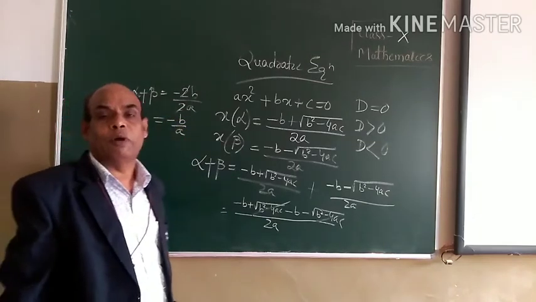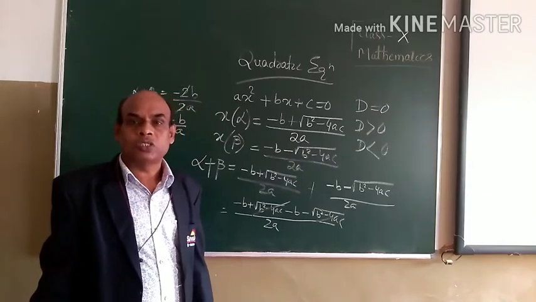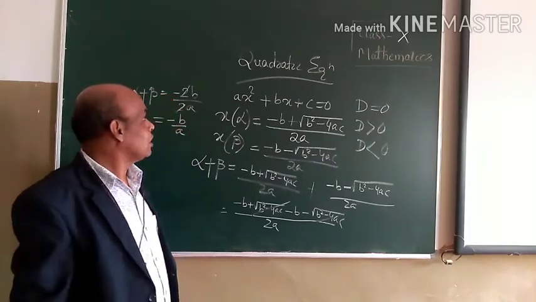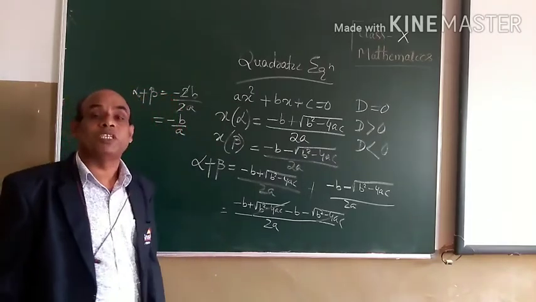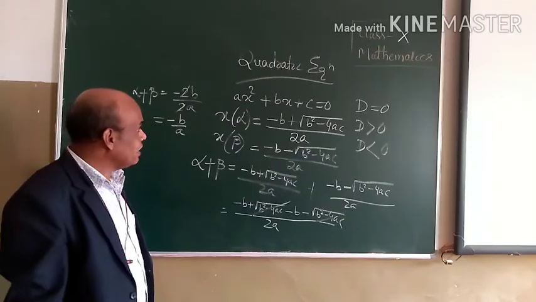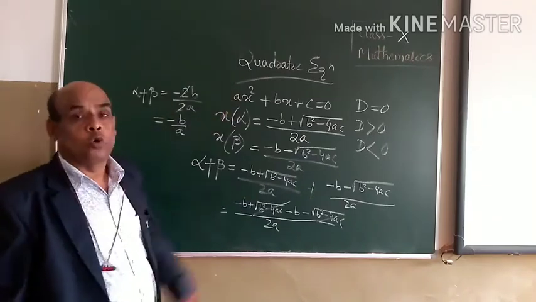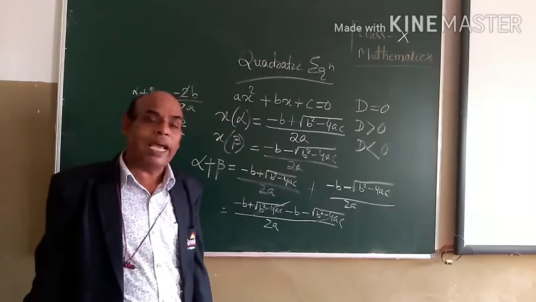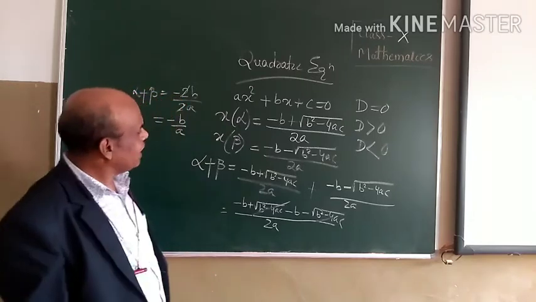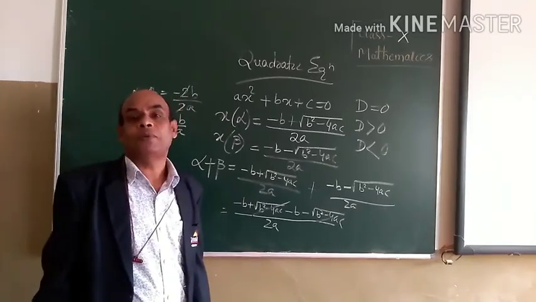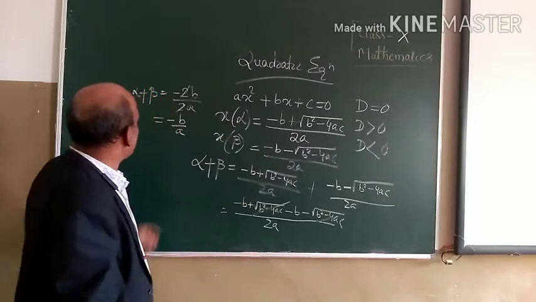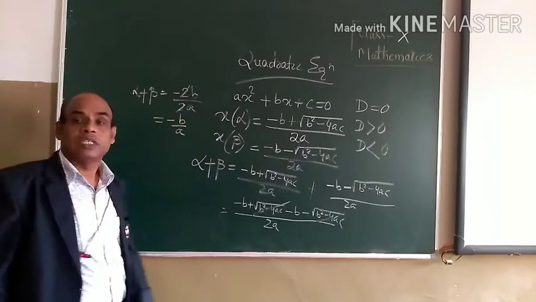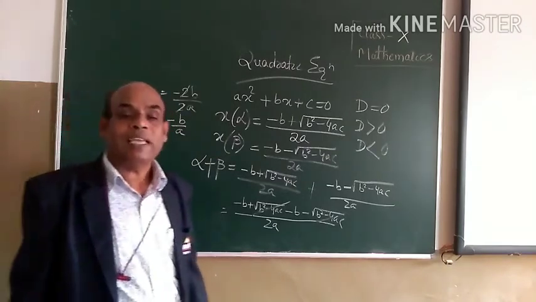You have to remember that the sum of the roots of a quadratic equation is minus b by a. What is a? A is called the coefficient of x square, and b is called the coefficient of x, so the sum of the roots is minus b by a.